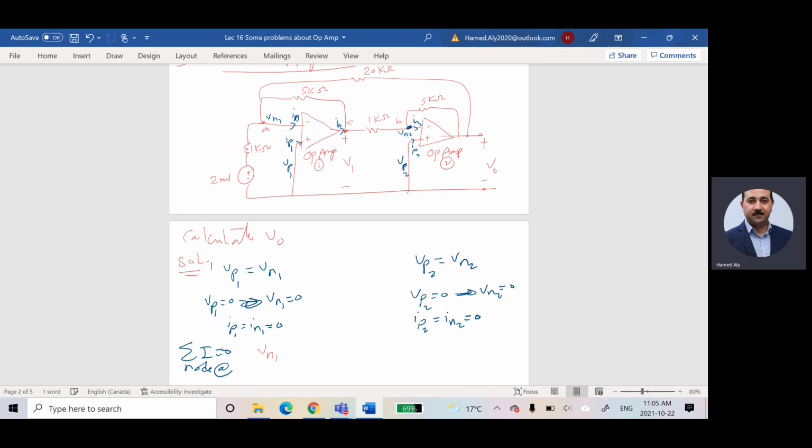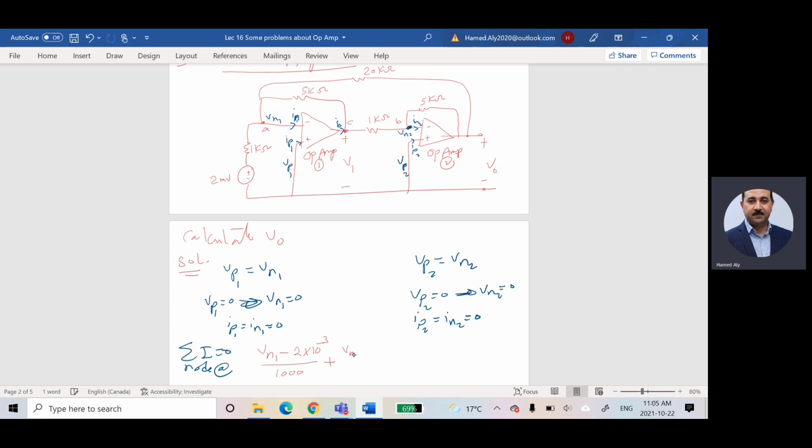If you try to substitute or write that, I can say Vn1 minus 2 milli divided by 1 kilo plus this current is 0, and this current is the summation of this guy and this guy. So this current is Vn1 minus V1 divided by 5 kilo.